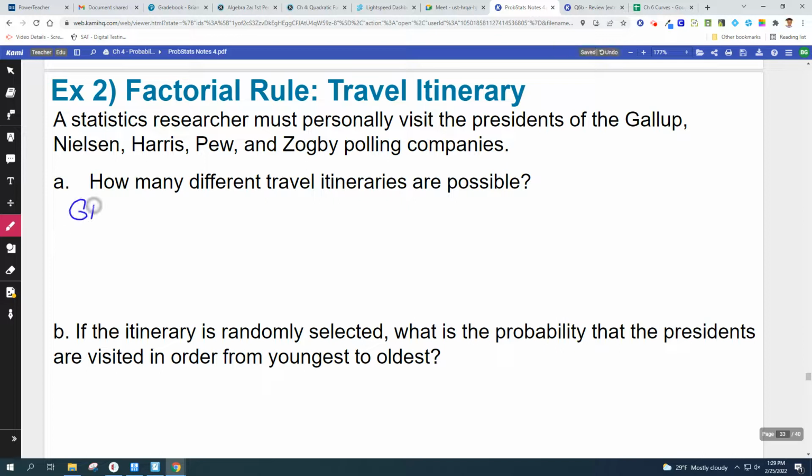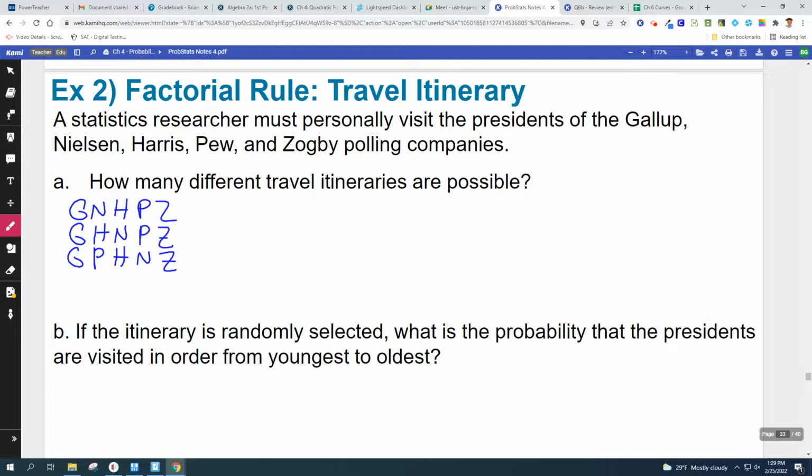You might go to Gallup, then Nielsen, then Harris, then Pew, then Zogby. Or you might go to Gallup, then Harris, then Nielsen, then Pew, then Zogby. Or you go to Gallup, then Pew, then, okay, this is not going to be realistic. I don't want to list all these out. I could list them all out, but it's going to take me forever and I don't want to.